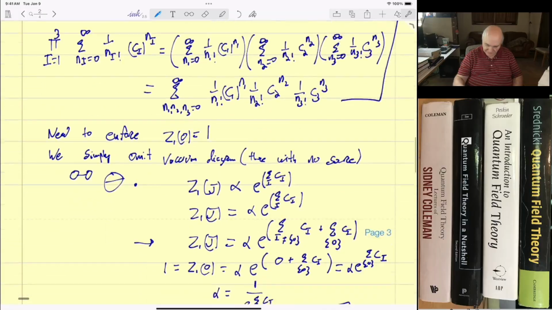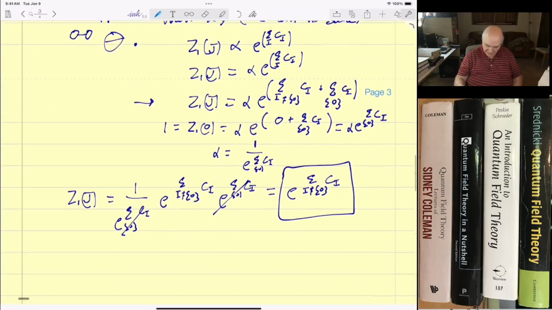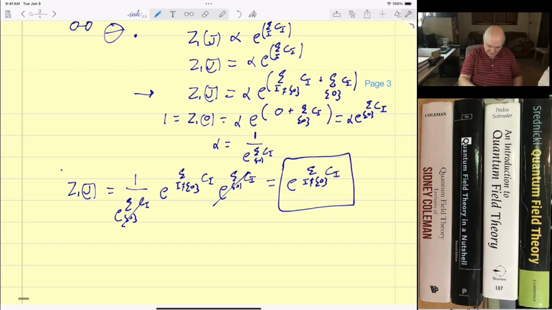That was very convenient. And now we don't have counter terms in here yet, but we have everything but counter terms, and we just take the connected non-vacuum diagrams and exponentiate. And that's our interacting path integral for now.